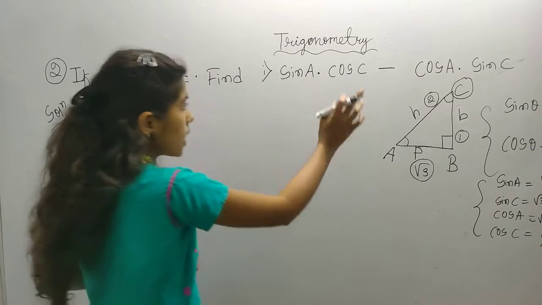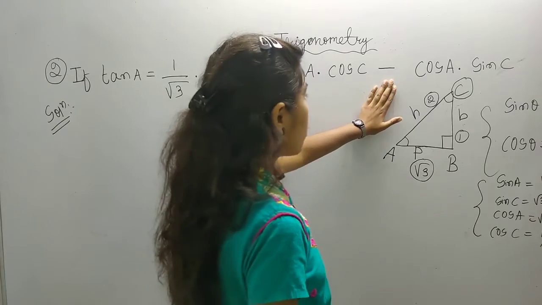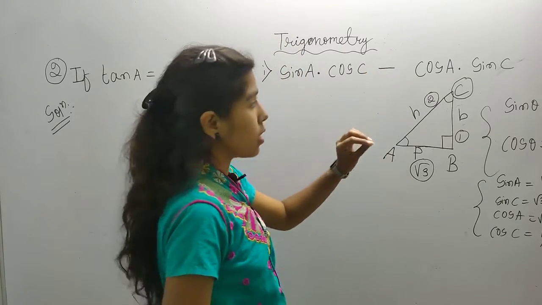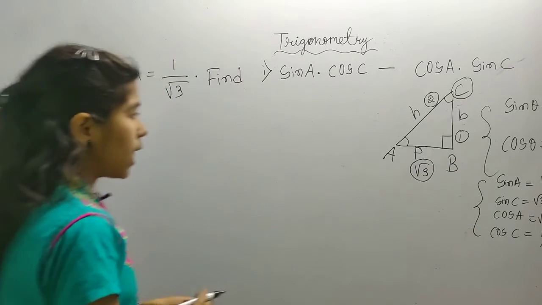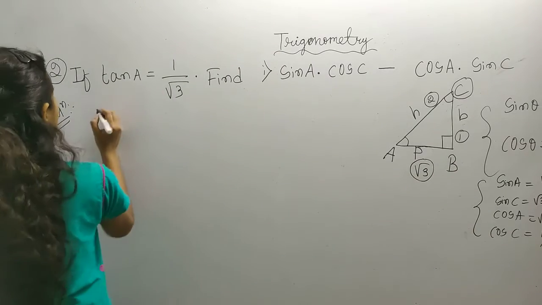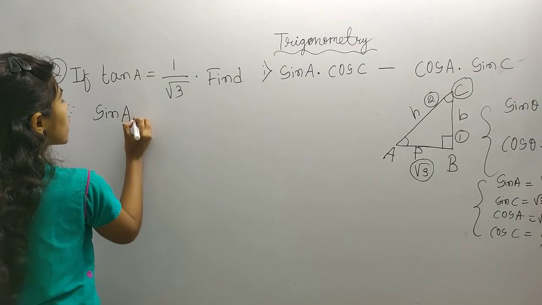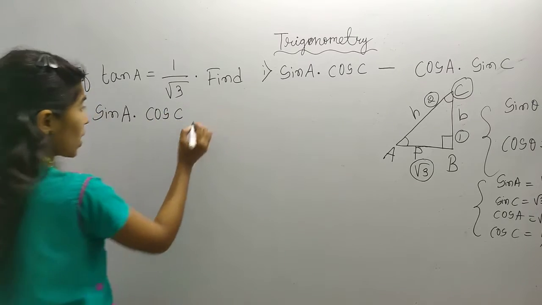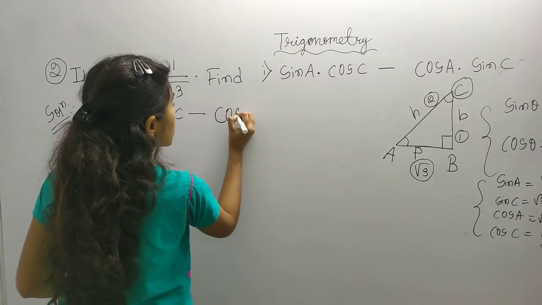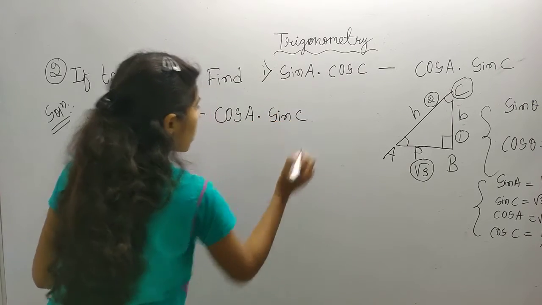Sin A cos C minus cos A sin C. So we only changed the sign here, but our values are the same. So we have already found out the values. Let's move to the solution. First we will write what is being asked in the question. Sin A into cos C minus cos A into sin C, right?